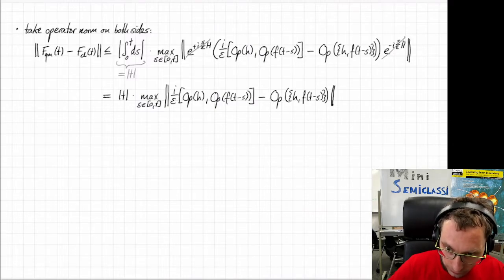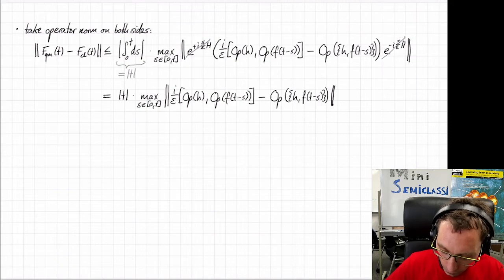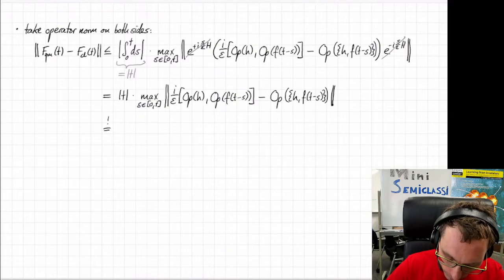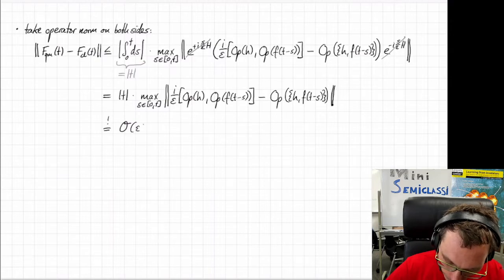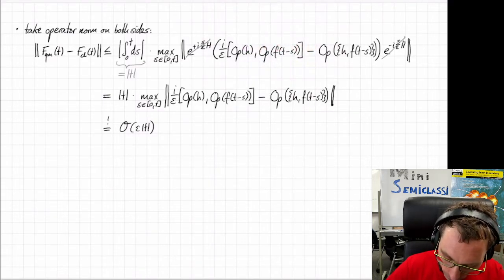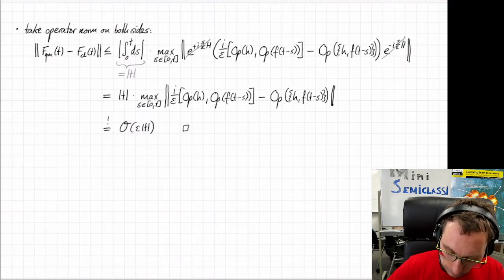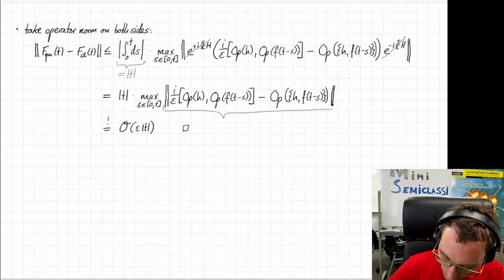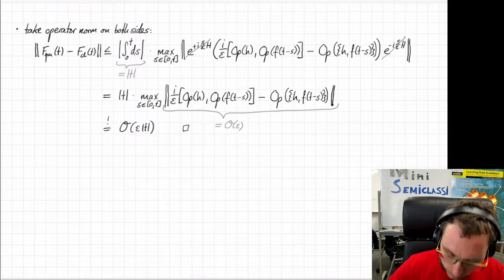And the claim of the theorem is that the right-hand side is order epsilon times absolute value of t. So it's already very suggestive where the absolute value of t comes from, so I will not dwell upon this any further. And one of the things that we need to figure out is that this here is indeed equal to order epsilon.